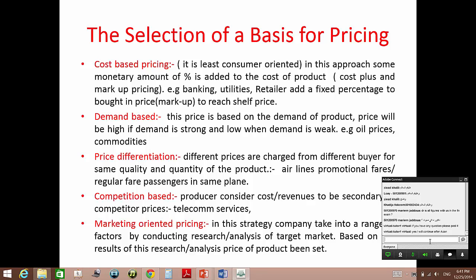But telecommunication services use another method. So the first pricing method will not be used for all products and services. The second one is demand-based pricing.